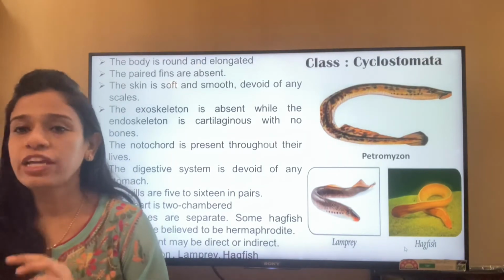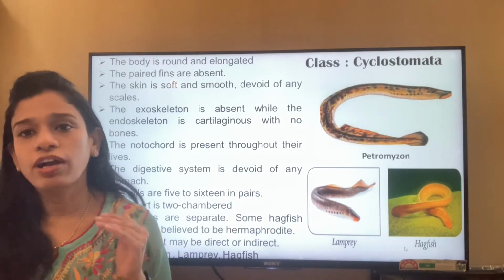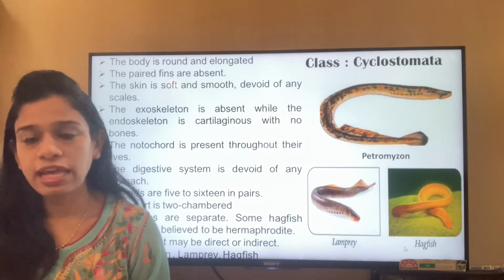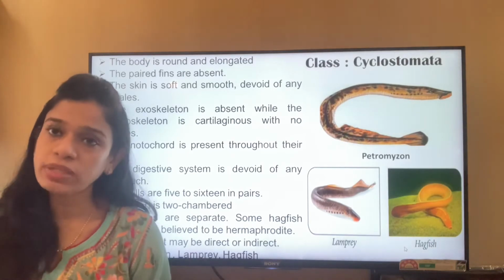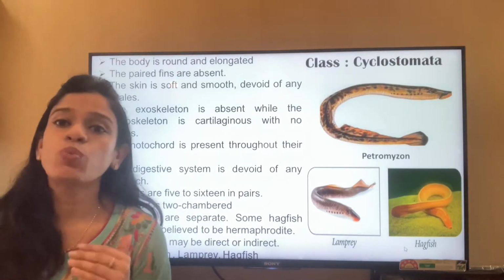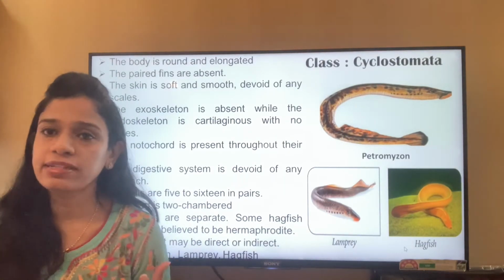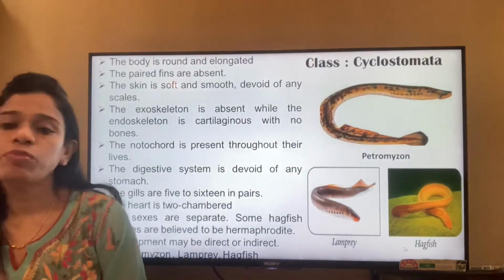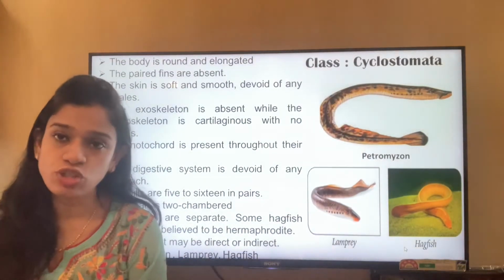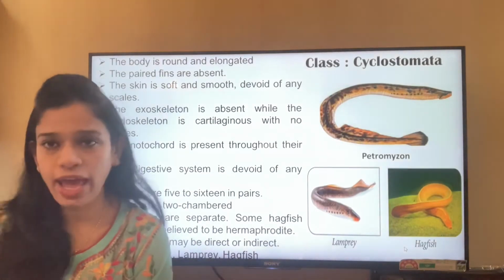They are very soft and slippery, and devoid of all exoskeleton. They have a notochord throughout their lives. Their sexes are separate. They have a digestive system without a stomach. So these are the main features of the class Cyclostomata. And examples are petromyzon, lamprey and hagfish.